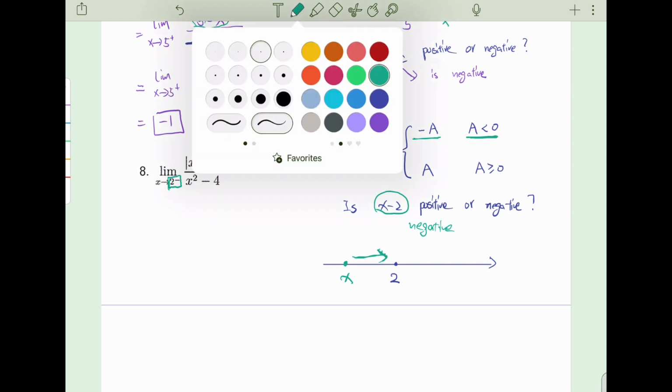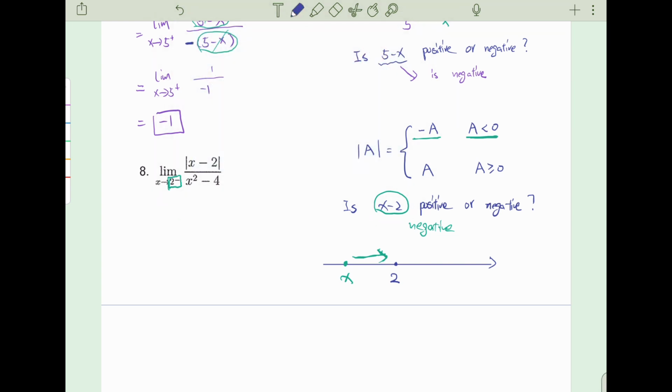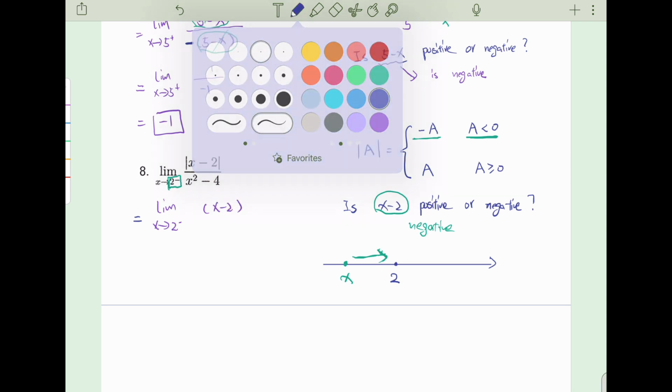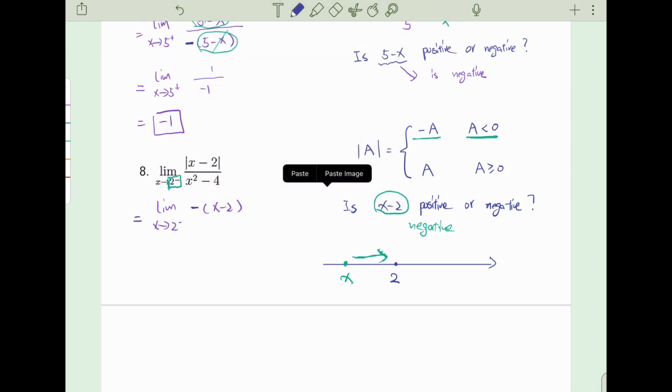Okay, once we know that is negative, according to the discussion there, we can remove the absolute value with a negative sign placed in front of it. So I can remove this and place a negative sign in front of it, right?